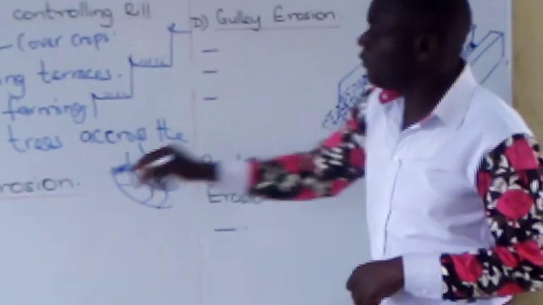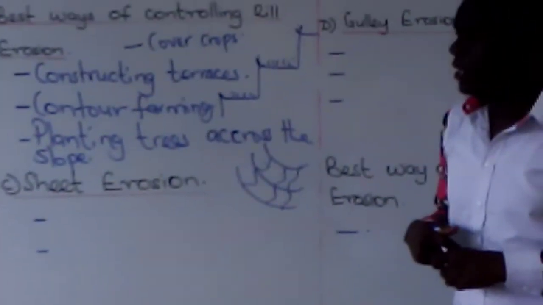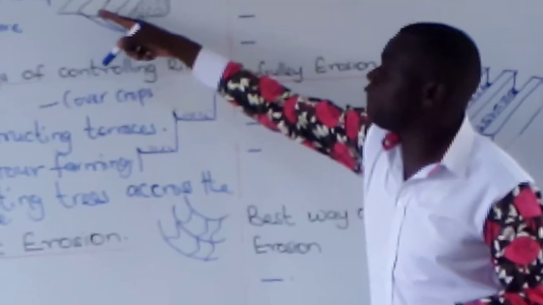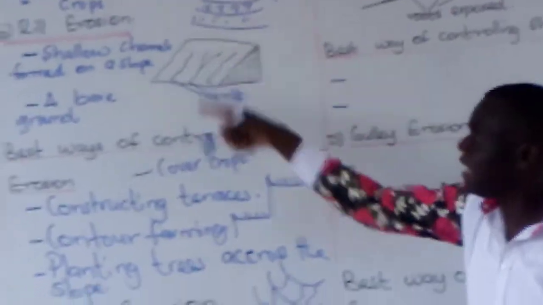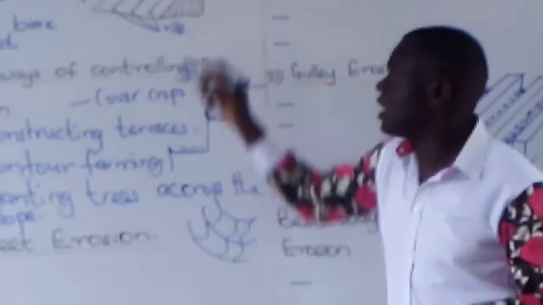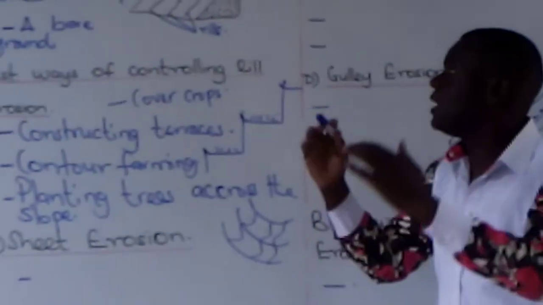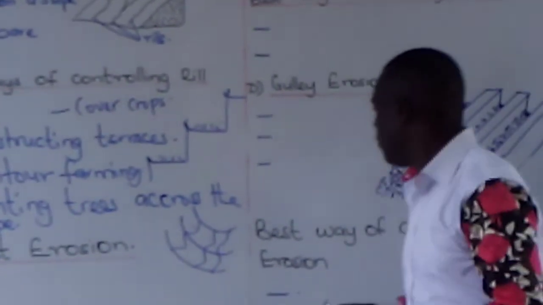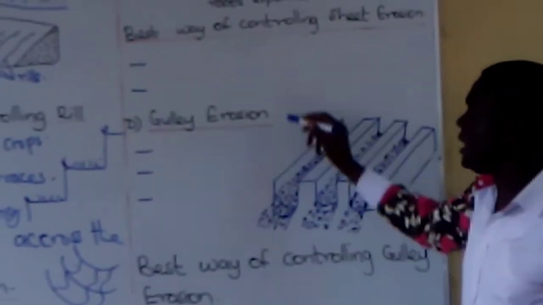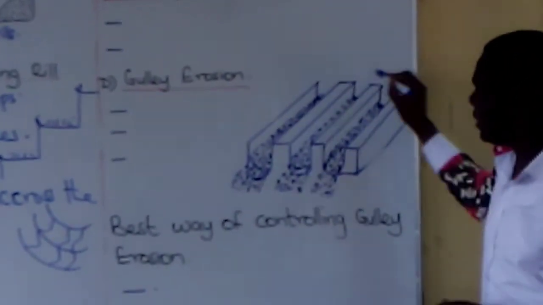Now, before we come to sheet erosion: rills form channels, and if the channels become deep and large, they form what you call gully erosion.